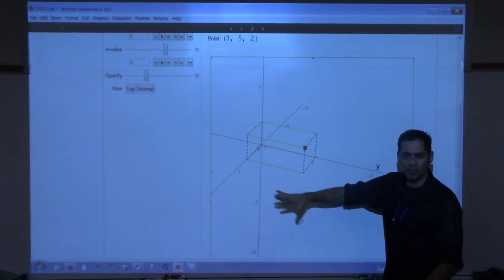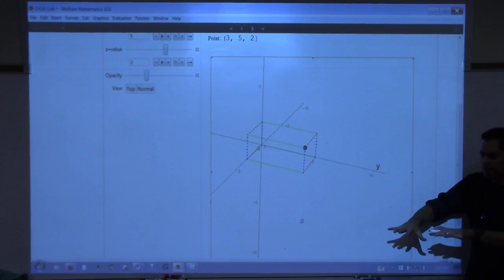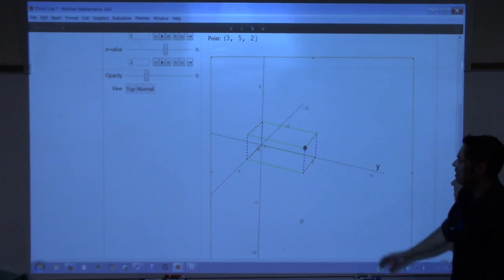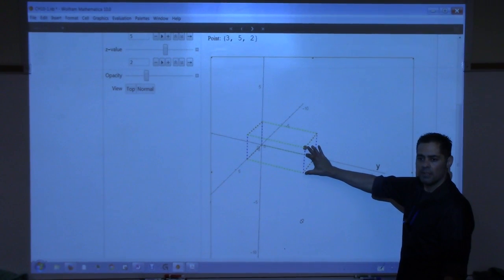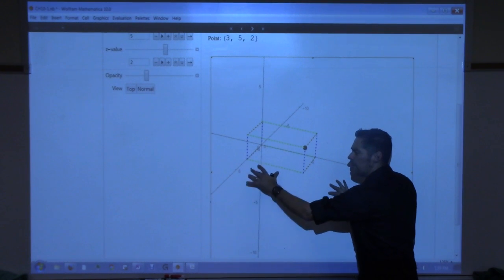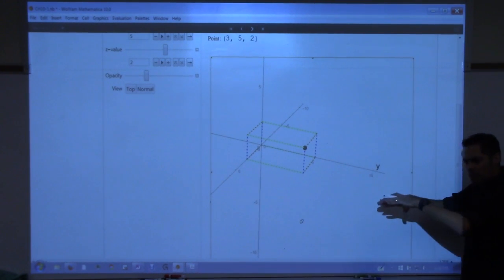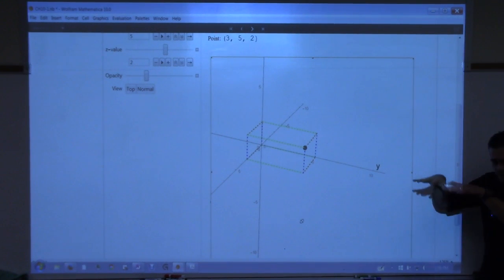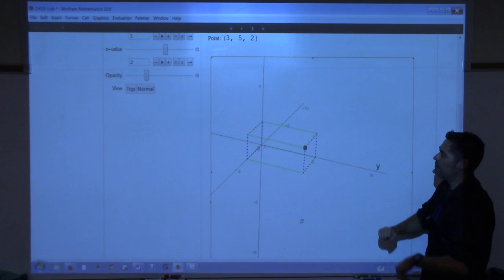The ground is like the XY, flat sheet of paper on the ground. How far away from that is that point? 2 units? Because that's how high up it is, right? So the ground, the XY that we're used to, we're going to start calling that the XY plane. It's a plane, it's a flat sheet of paper. The XY plane is the ground here, right?